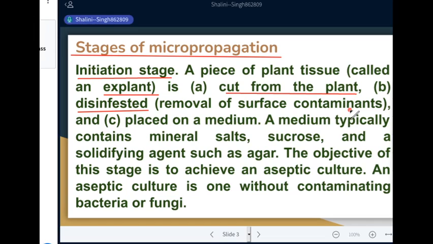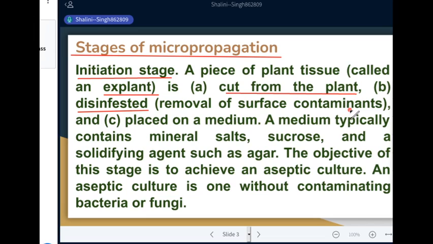For this, the explant is washed with a mild detergent like Tween 20. Then it can be treated with an antibiotic or a fungicide depending upon the chances of infection. If it is infected by a bacterial species, then it can be treated with an antibiotic.